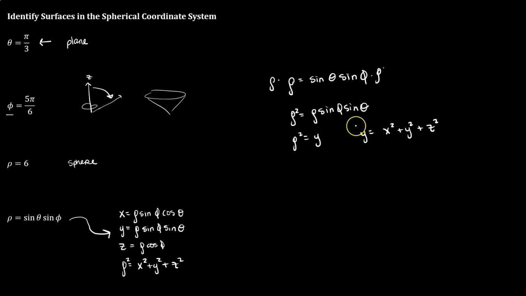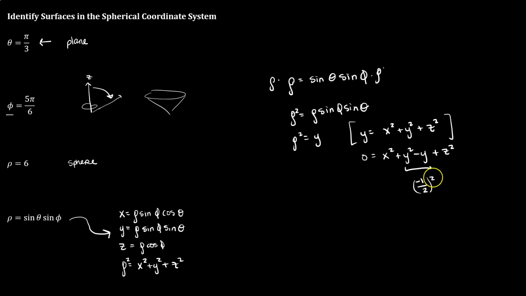And if you think that's a sphere, well, not yet, because we have y on one side of the equation, x squared, y squared, z squared on the other side. So let's subtract the y over. And then we can do completing the square on the y terms. To complete the square, I'll take the coefficient on my linear term. So I have -1. We'll cut that in half. We'll square it.